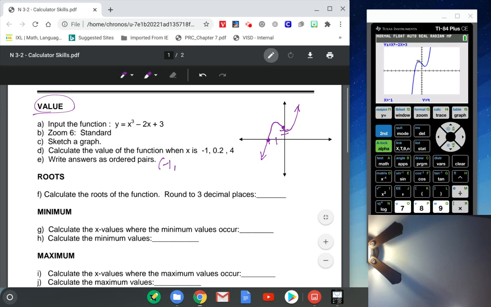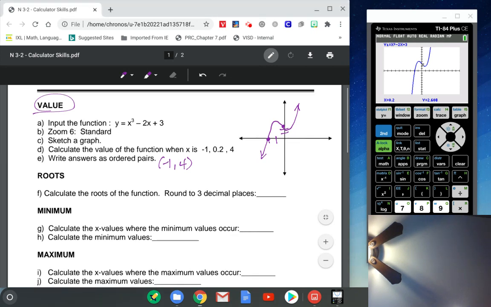We've got negative 1, 4. All right, once you're in that screen, you do not have to go back and redo all of those steps again. You just type in 0.2, hit enter, and it gives you my Y value for 0.2. So we've got 0.2, 2.608.